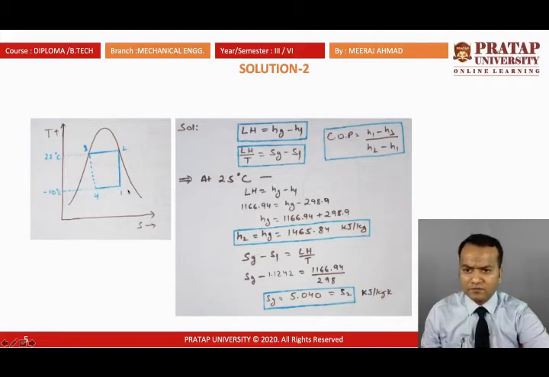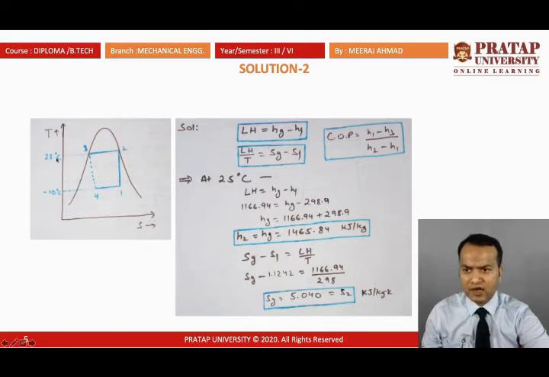Now come to the solution. In the table, the value of enthalpy at saturated vapor is not given, but enthalpy of saturated liquid and latent heat should be given, because this is the latent heat from 2 to 3.